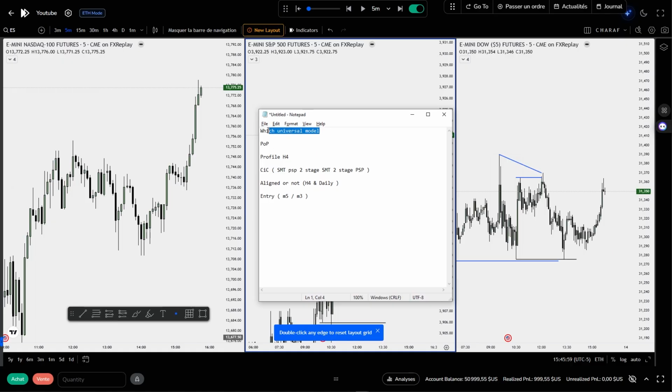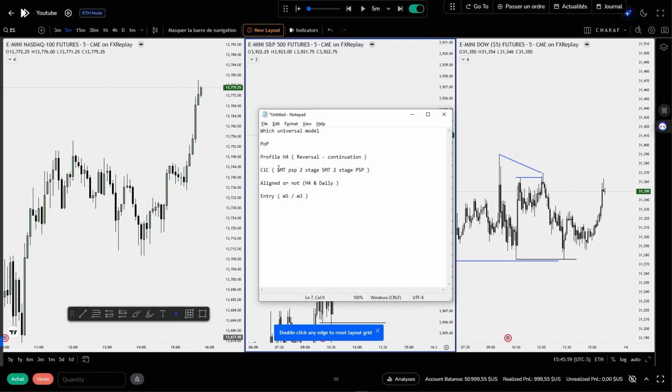Anyways, we're gonna go with the first question, which universal model? Internal to external or external to internal, as I mentioned. Phase of price, are we in an expansion phase or consolidation, or either or? Profiling, are we trading aligned with the 4-hour candle, or are we trying to take a reversal 4-hour candle? We've got 2 types: reversal or continuation.